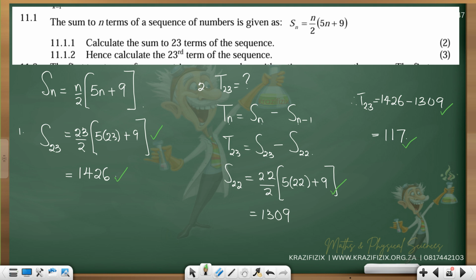Is there any question? Can we move forward? Can we move forward? I need all the responses I can get, just to make sure that you are not left behind.